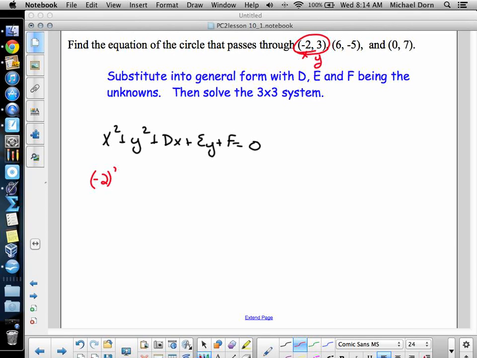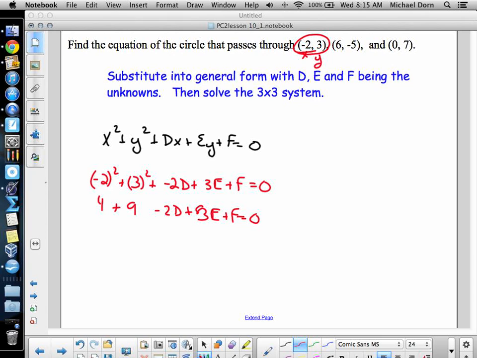Negative 2 squared plus 3 squared plus negative 2d plus 3e plus f, which we don't know, equals 0. Well, negative 2 squared is 4 plus 9 minus 2d plus 3e plus f equals 0.